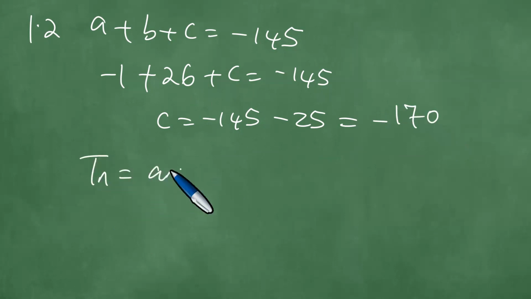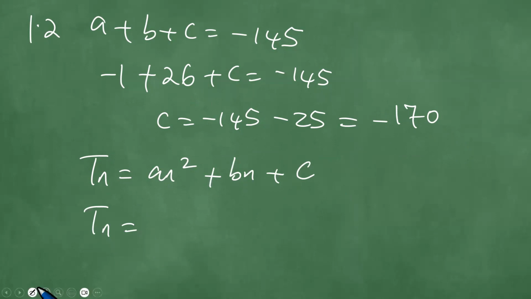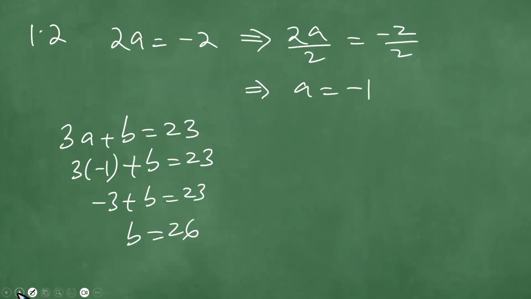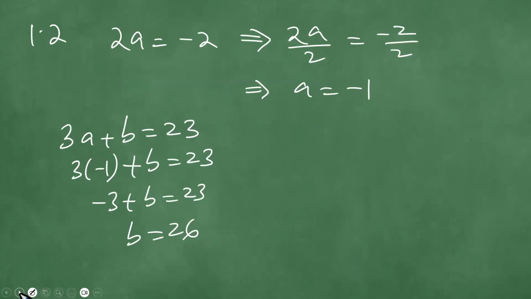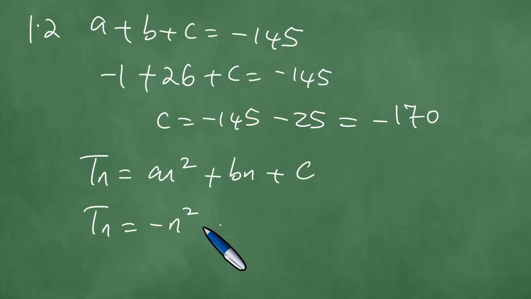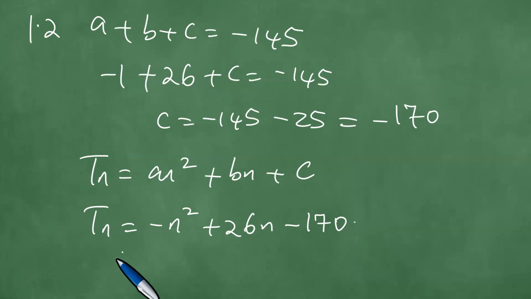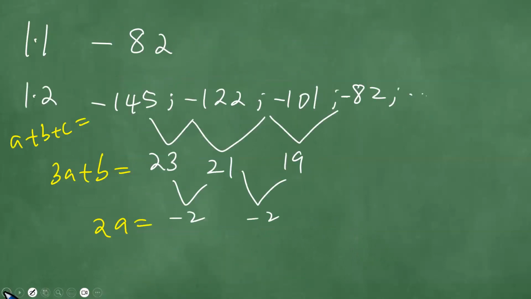Which means it is an squared plus bn plus c, so T sub n equals minus n squared plus 26n minus 170, with a as minus 1, b as 26 and c as minus 170.